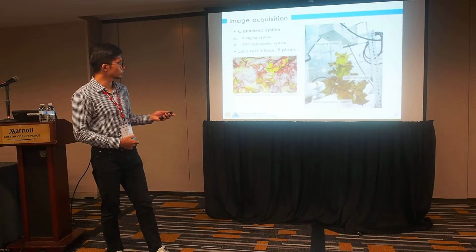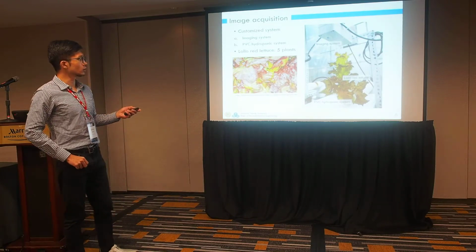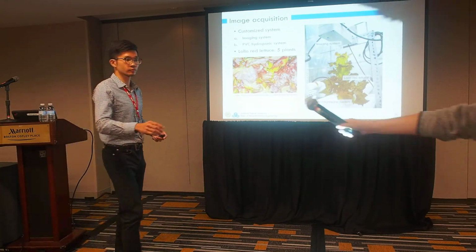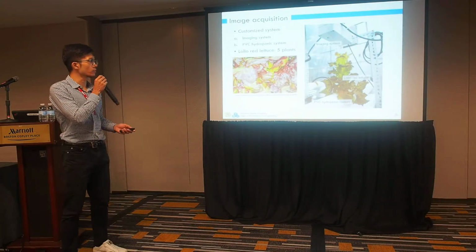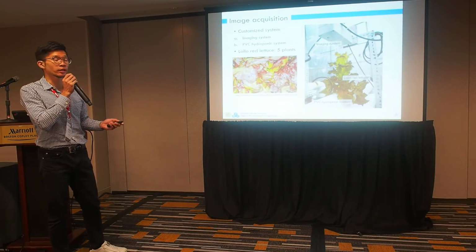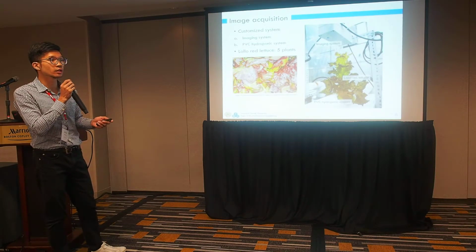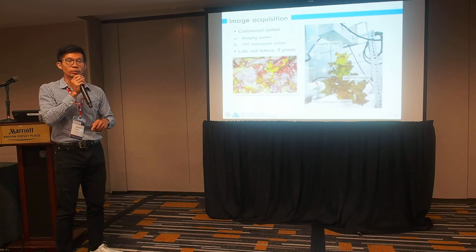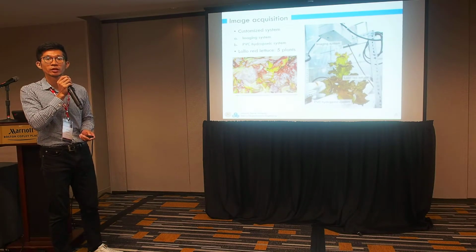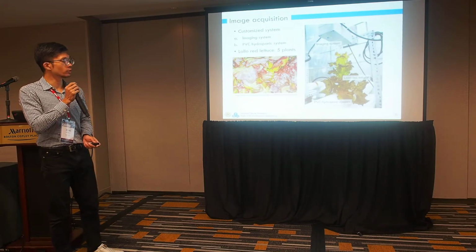So in this part is the webcam, and there's a Raspberry Pi in this imaging system, so we can take the images automatically and remotely by the computer. And it's just RGB, red, green, blue? Yes. No spectrum.